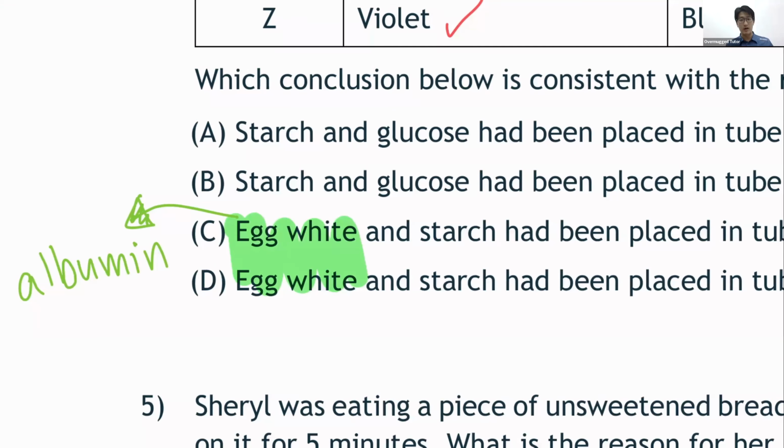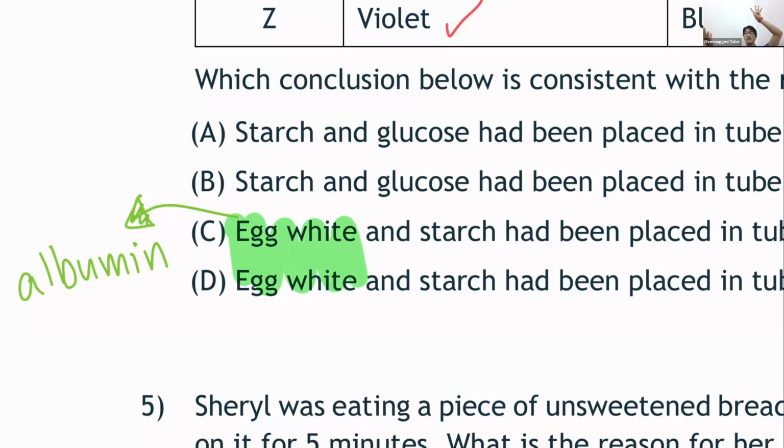Okay, so I have a couple of questions I want to share with everybody as well. The first one: reducing sugars, how many? Five, glucose. What are the others? Come, let's help our friends here.